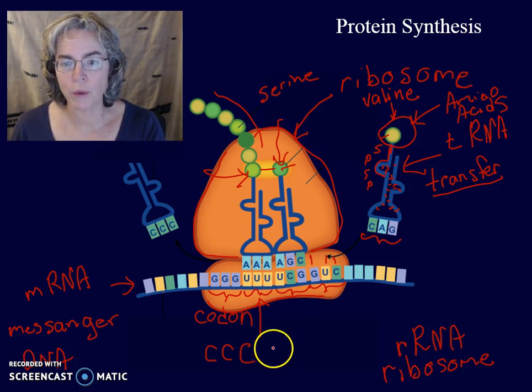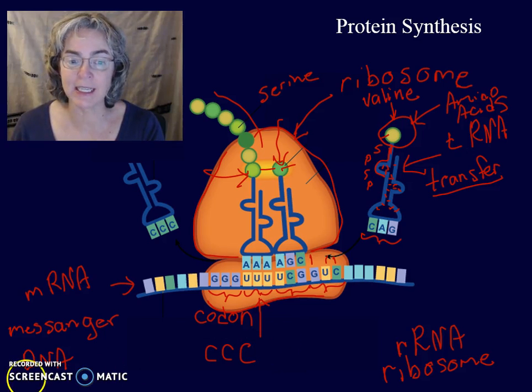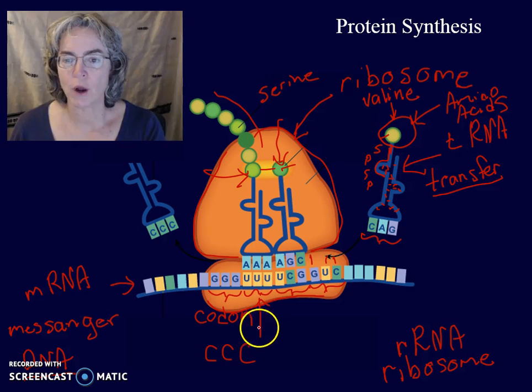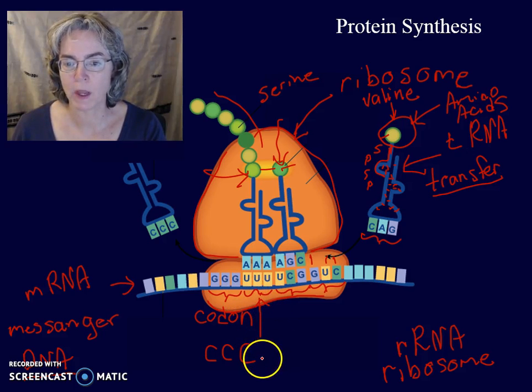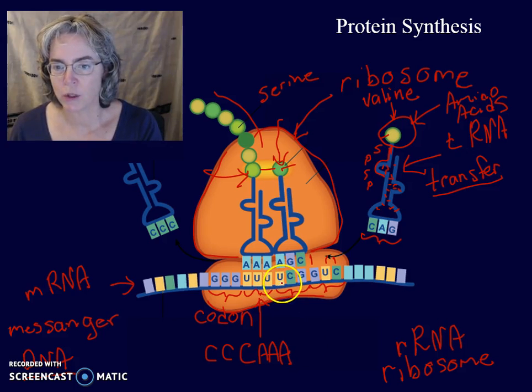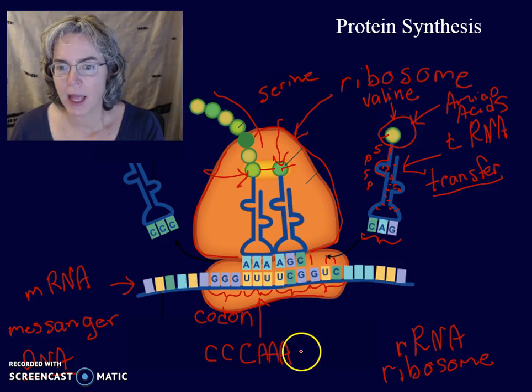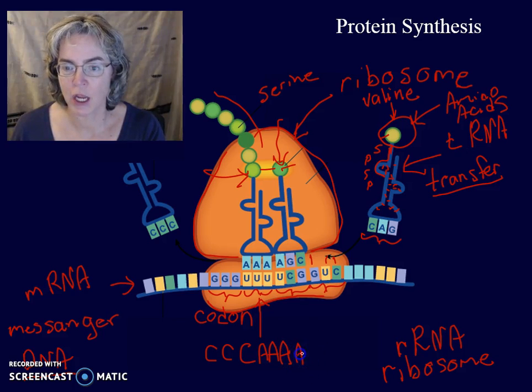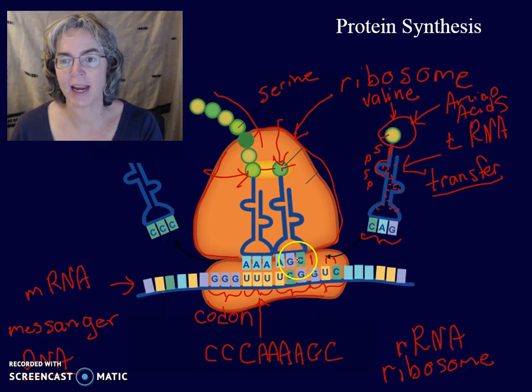For UUU, remember now this is DNA, so it would be A, A, A. And what's our tRNA? AAA. And for UCG, what was the DNA? So UCG, it would be A, G, C. And there it is in the tRNA, AGC.